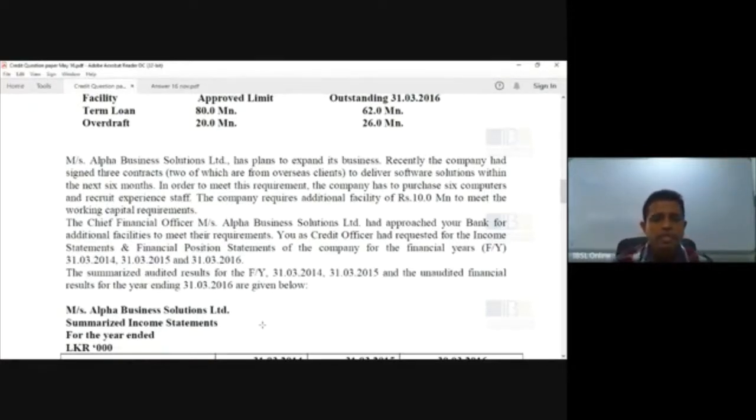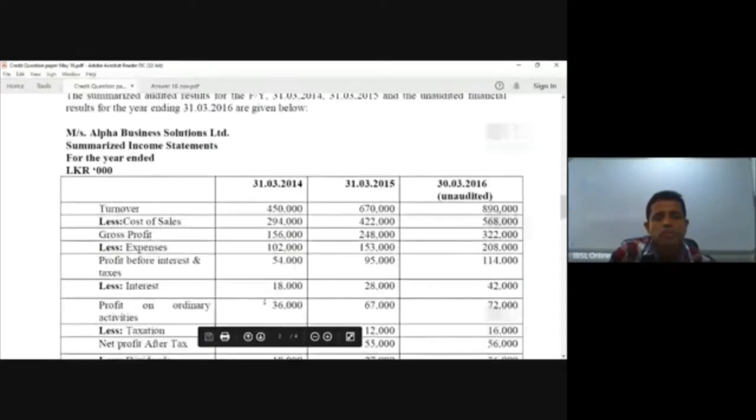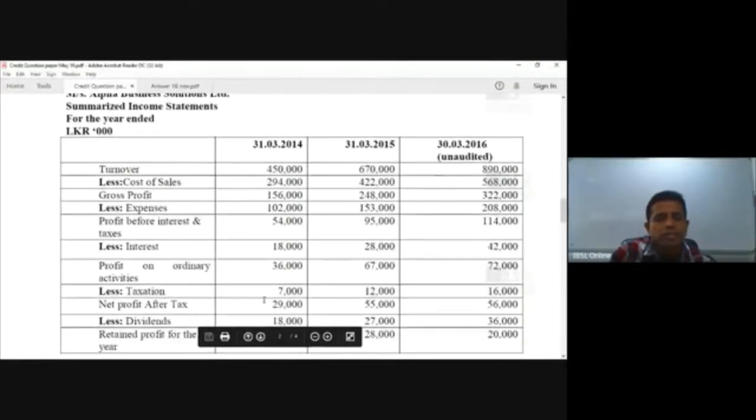The summarized audited results of 31/3/2014, 31/3/2015 and unaudited financial results of the year ending 31/3/2016 are given below. You have to make a note of it. 2016 figures are not yet audited, unaudited figures.